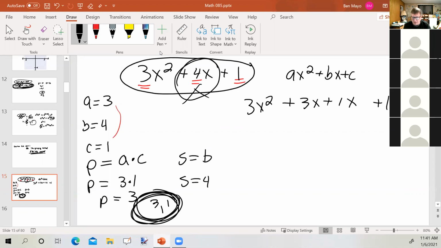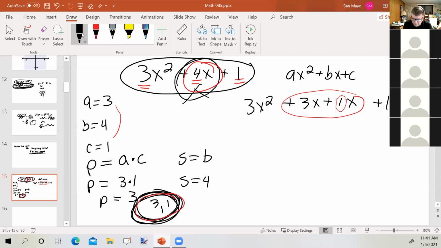So 4x becomes 3x plus 1x. Now, technically, I don't need to put this 1 in front of the x. I could have just written plus x, but I'm emphasizing where things are coming from. So we're taking that and splitting it up into that using these two numbers as the coefficients. Okay, now this seems kind of complicated, but once you get used to it, it's the same every time, so it really isn't that bad.